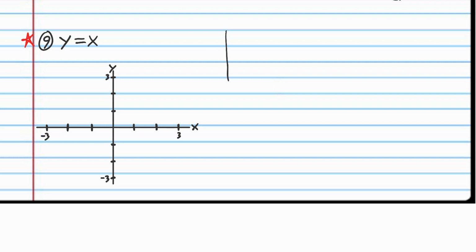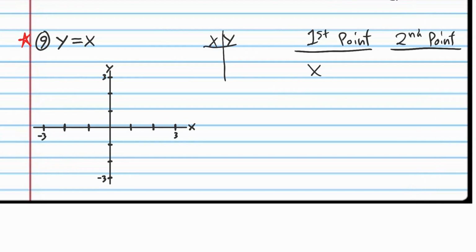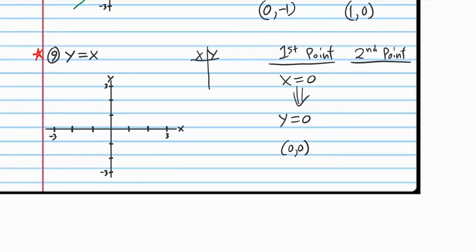All right, we're back. So it doesn't really matter which one we choose. I'll just choose x is equal to 0. So if x is equal to 0, then y is also equal to 0. So the point is 0, 0. The x and y values have to be the same, so if x is 0, then y must be 0. And if we choose 1 for x, then y must equal 1 also.